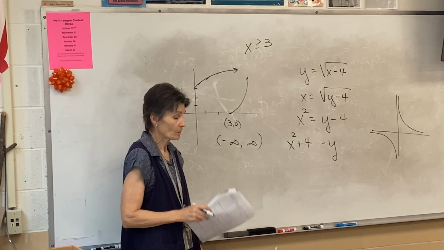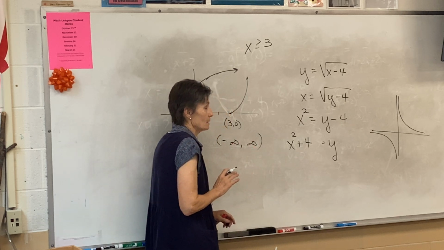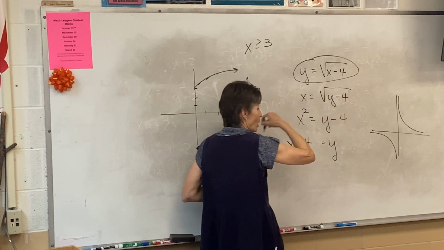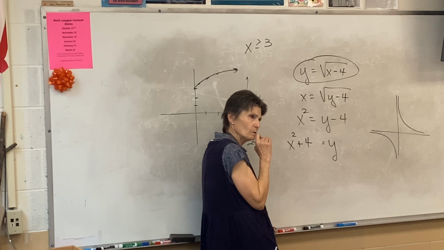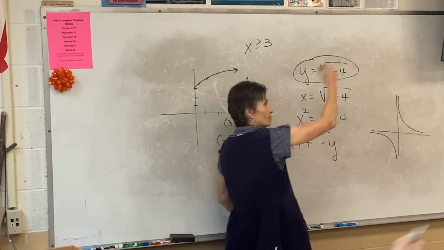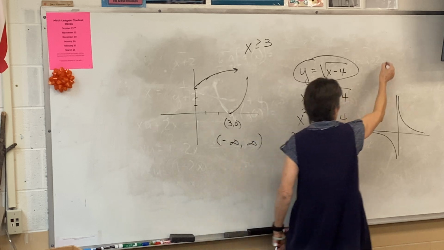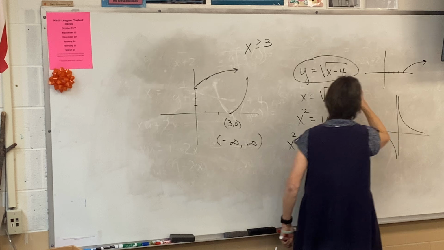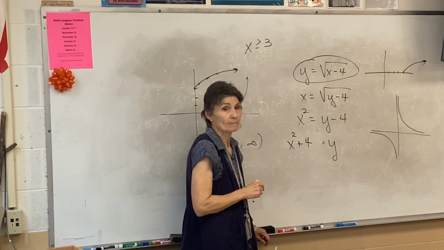Yeah. Okay. Now let's talk about what's wrong with it. What's this look like? That's the original problem. What does the square root look like? Right, up and out. But it's been moved 4 to the right. So would you agree that is the original picture?